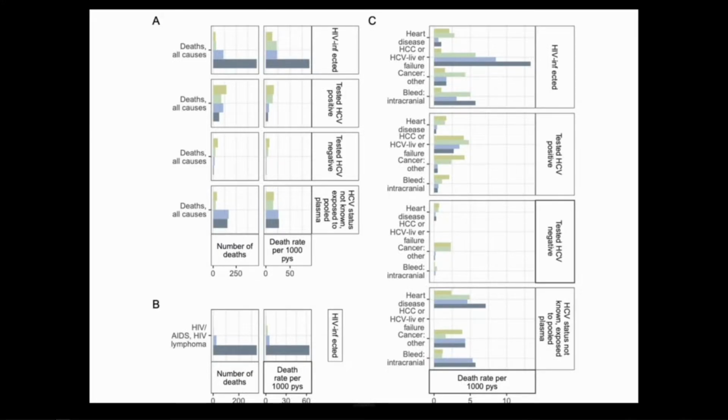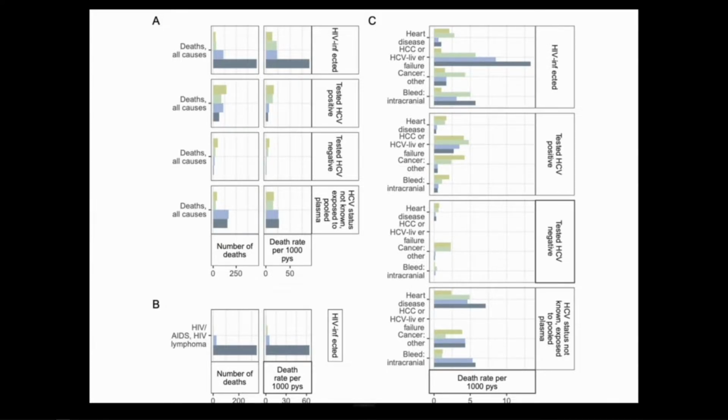predominantly. And then the panel on the right-hand side tells you for each of those 4 subgroups the cause of death, well, certain selected causes of death. And so, of course, for the HIV-infected persons, the very high rates are evident there.